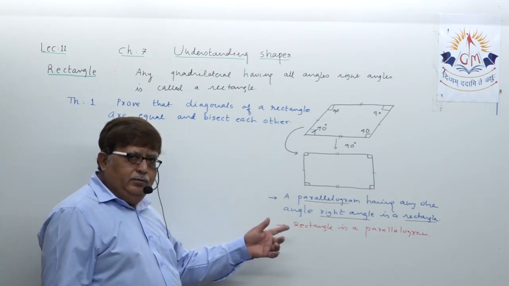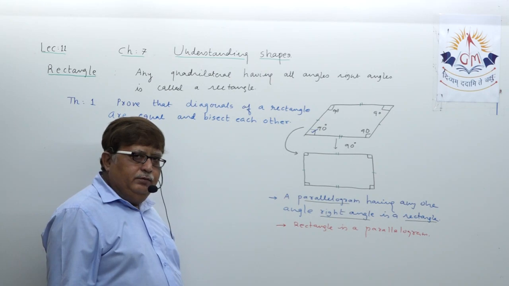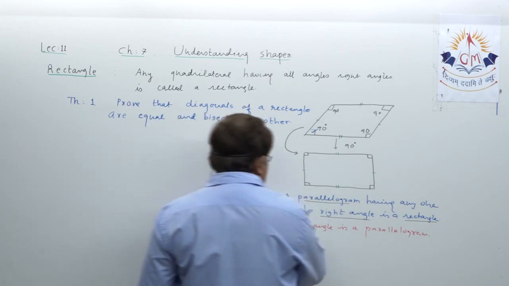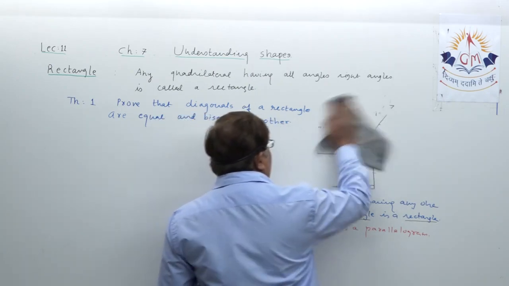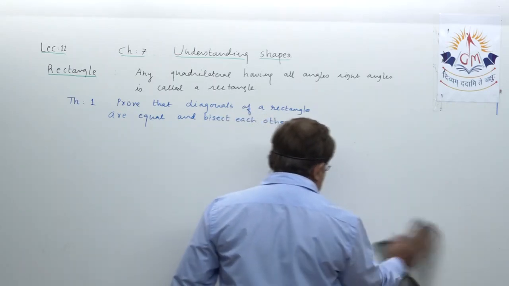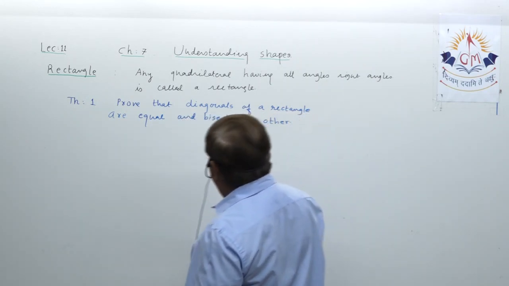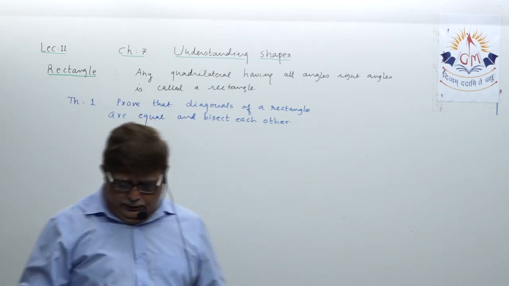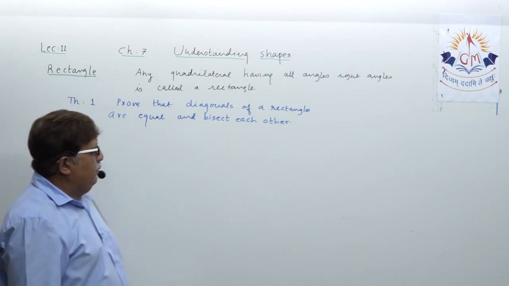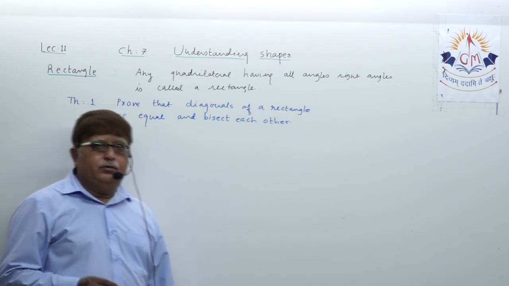A rectangle is a parallelogram, no doubt, subject to one condition. A parallelogram having one angle 90 degrees becomes a rectangle. Now I am just erasing this because our concentration has to be on proving this important theorem regarding a rectangle, that is, diagonals of a rectangle are equal and bisect each other. That is what we have to prove.